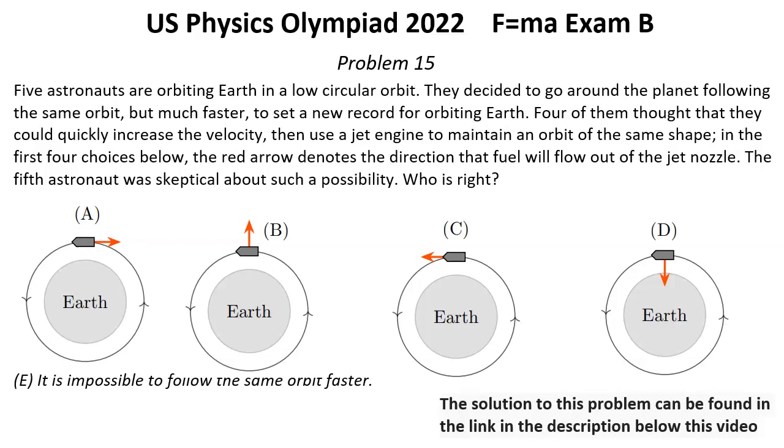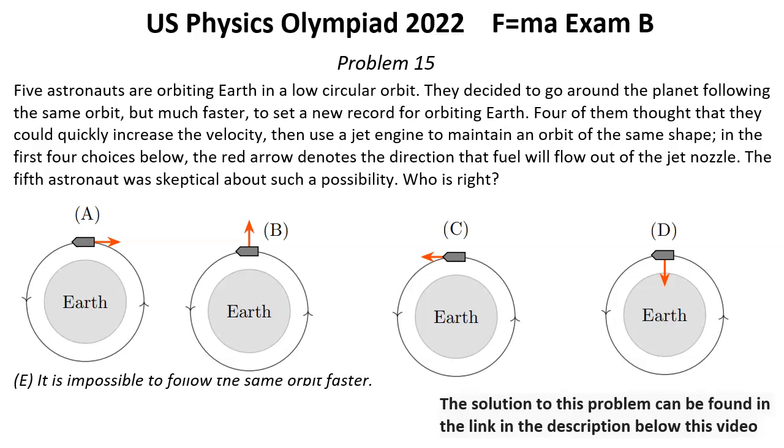Problem number 15. 5 astronauts are orbiting Earth in a low circular orbit. They decided to go around the planet following the same orbit but much faster, to set a new record for orbiting Earth. 4 of them thought that they could quickly increase the velocity, then use a jet engine to maintain an orbit of the same shape.